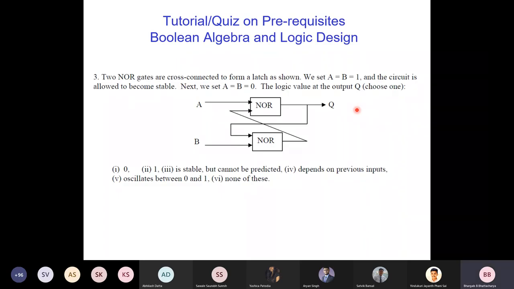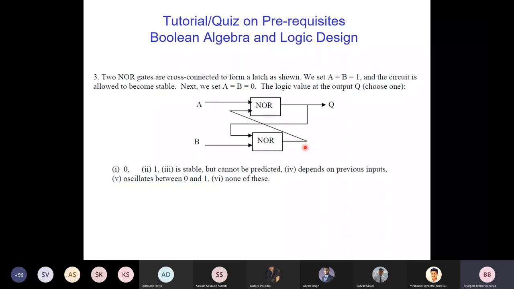So now both the inputs are simultaneously switched to 0. Currently this is 0, right? When A is equal to 1 and B equal to 1, these two lines are 1 and these two lines are 0.